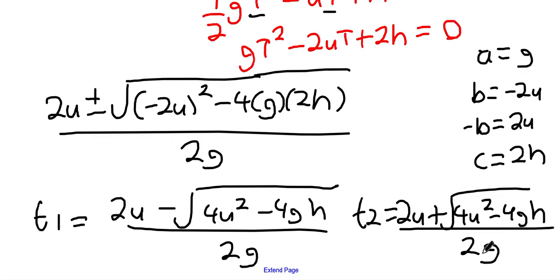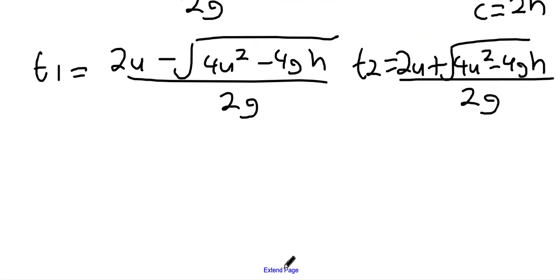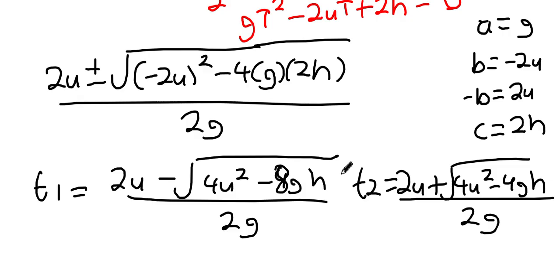Now, have you ever heard of the term placeholder variable? Has anybody ever heard the term placeholder variable? Exactly. So, I'm not multiplying that out. It's 4G by 2H. Everybody okay with that?